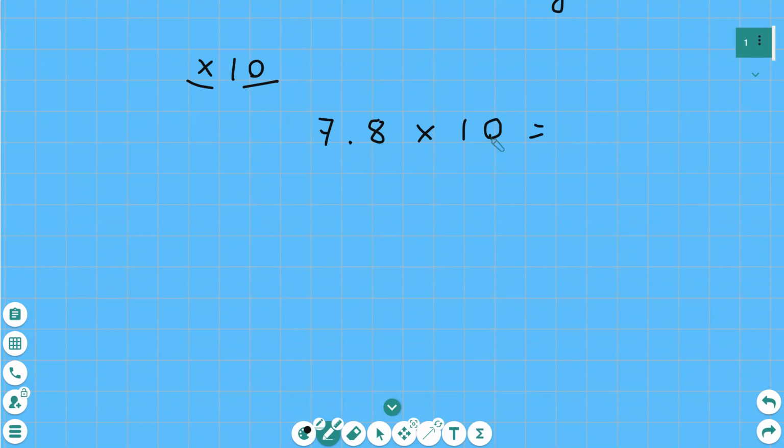Now 10 has 1 zero, so that tells us the decimal point will move 1 place. We're multiplying, so the decimal point is going to be moved to the right. The number is going to get bigger. So the decimal point hops to there, and we end up with 78.